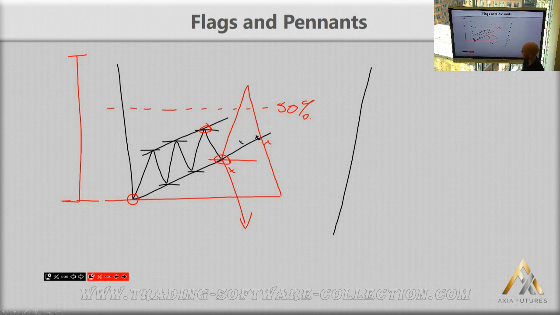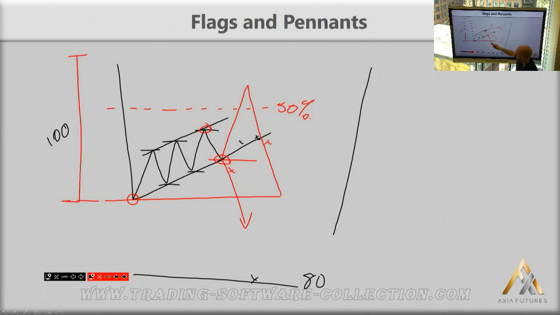So that would be my target. And like I say, if this target is 100 ticks and you've got a level here that's 80 ticks lower, that's my target. I'm not going to go trying to get those extra 20 ticks, because if that level's a big deal, not everyone trades the flag. And also, look at it from the other side.